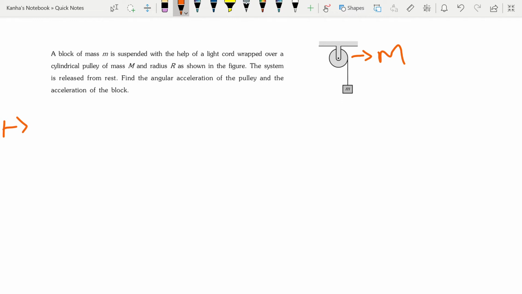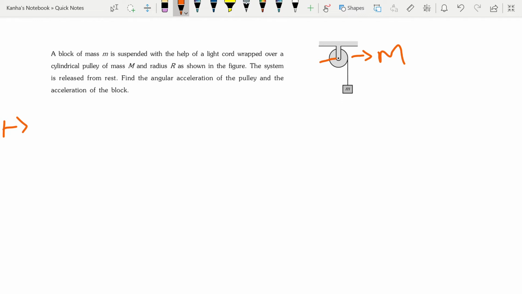After the system is released, the block is in translation motion and the pulley is in rotation motion about the axis passing through its center. Now let the block move vertically down with an acceleration a. I'll draw the free body diagram in a while, but let me explain what is happening.